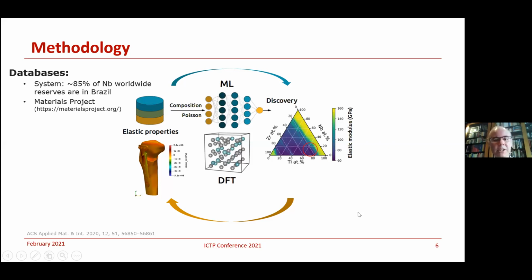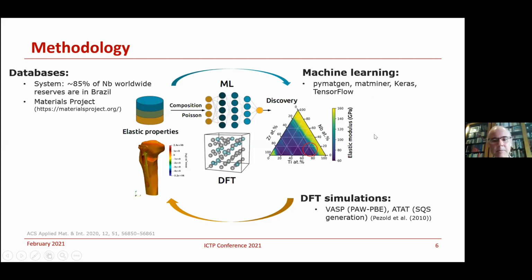Now, you have used machine learning methods in order to get information about the elastic properties based on composition. These were some of the packages and libraries that you have used. With that, you select some of the materials and you test them with density functional theory. Here, particularly, you have a problem: you have to use special quasi-random structures in order to approach the alloy problems.